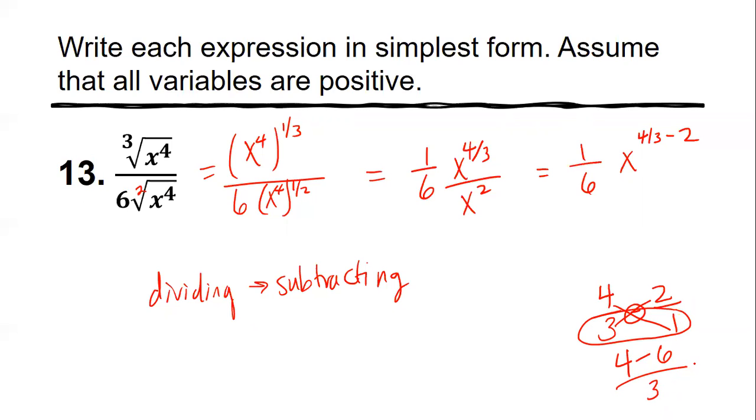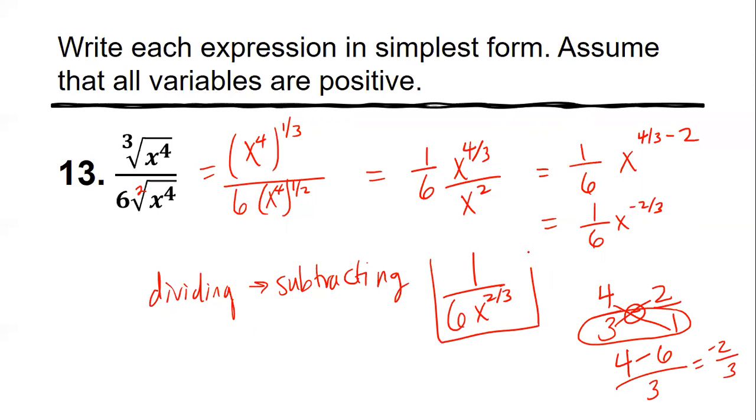What is 4 minus 6? Negative 2. So I end up with 1/6 x to the negative 2/3. What does that negative 2/3 mean about this x? It belongs where? In the denominator. So my final answer is 1/6 over x to the 2/3.